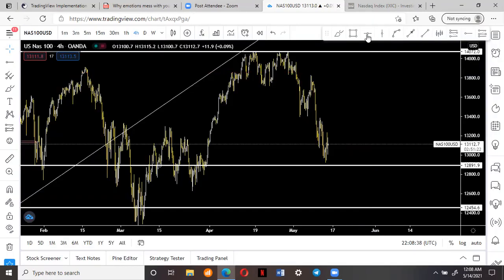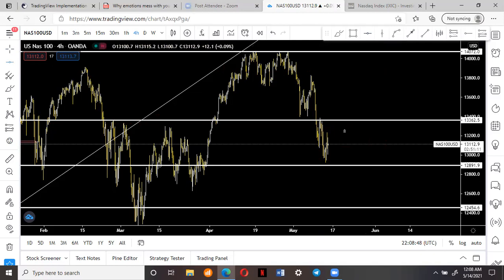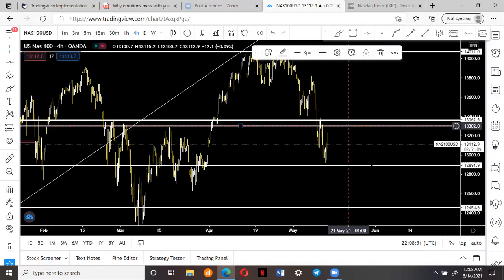Looking at this chart, we can see that we have a level of resistance there, right? We had a level of resistance there, this side, right?